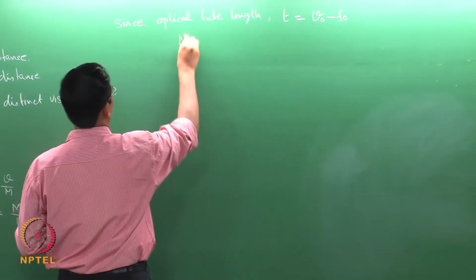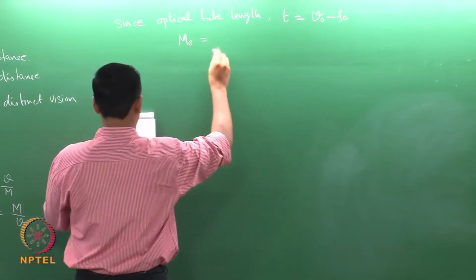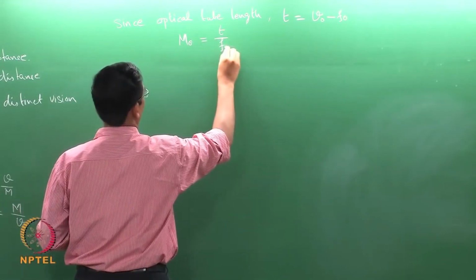So we can write the objective magnification like T by f.